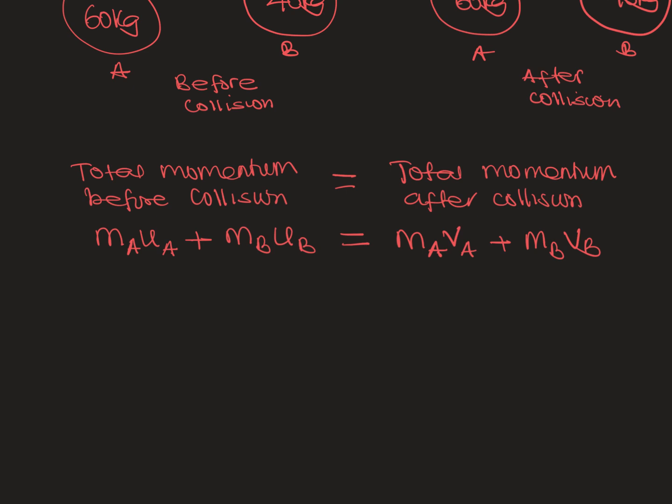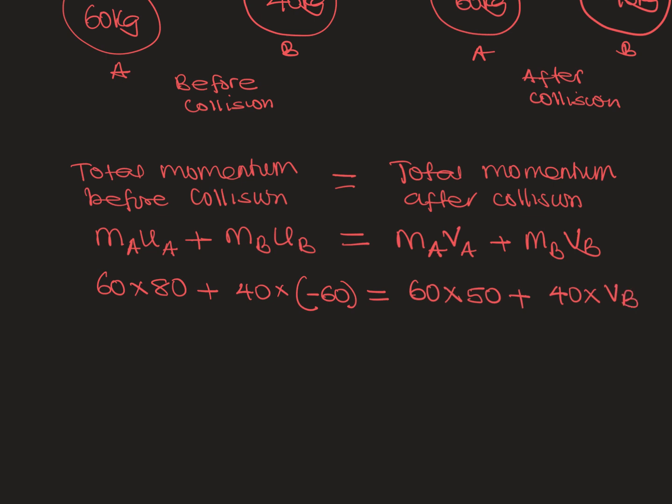The mass of A is 60, multiplied by the initial velocity 80, plus the mass of B, 40, multiplied by the initial velocity, which is going to be negative 60 because it is moving in the opposite direction, towards the left. The mass of A, 60, multiplied by the final velocity of A, 50, plus the mass of B, 40, multiplied by VB, the final velocity of B.